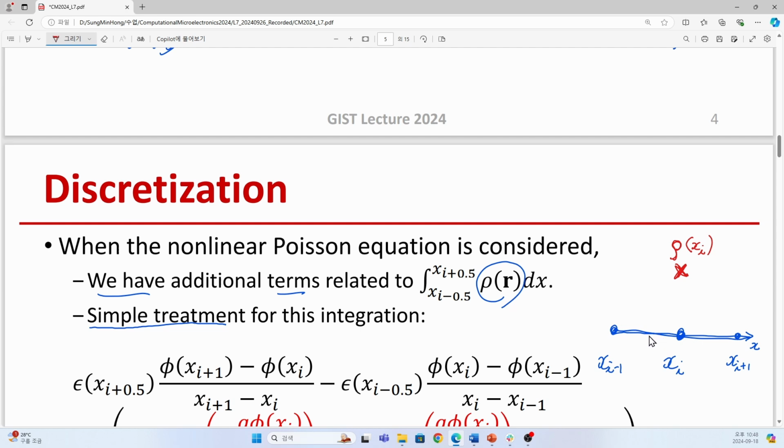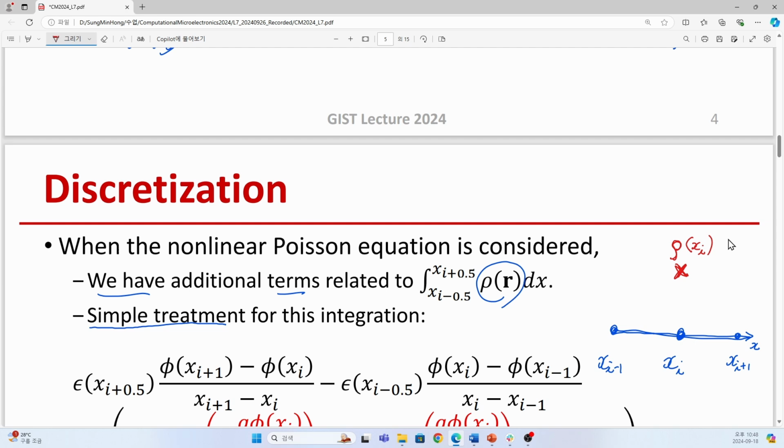And our goal is to integrate this certain function. So we don't know how it looks. It may look like this, or it may look like this, whatever. So that is quite arbitrary.